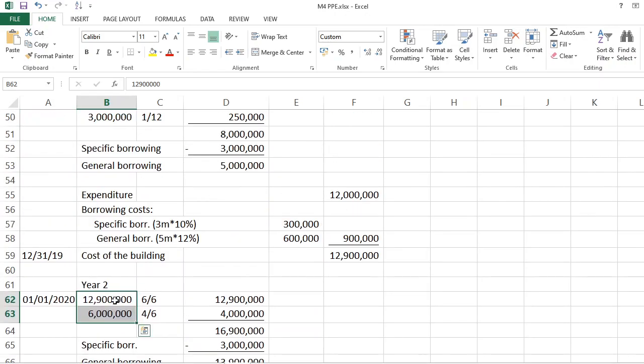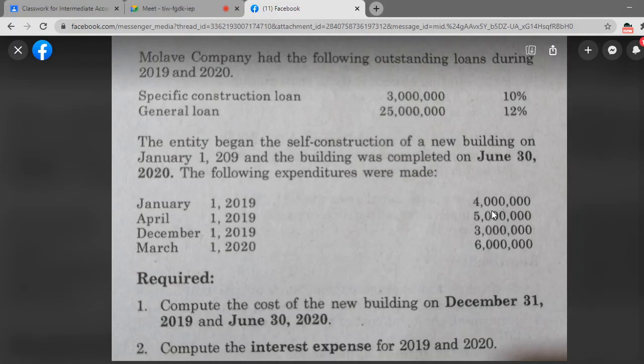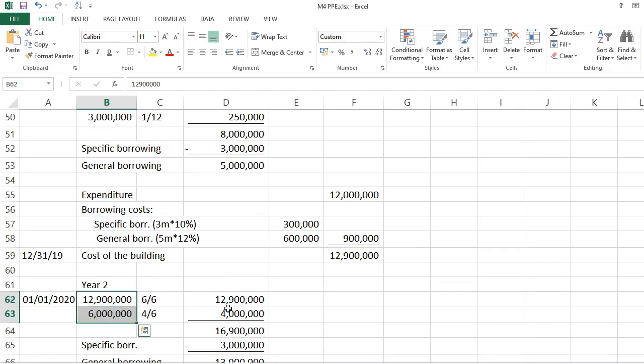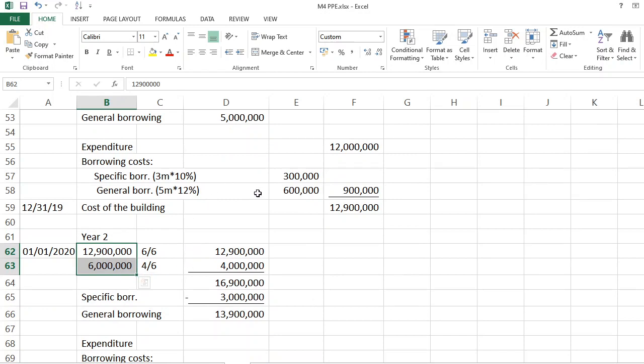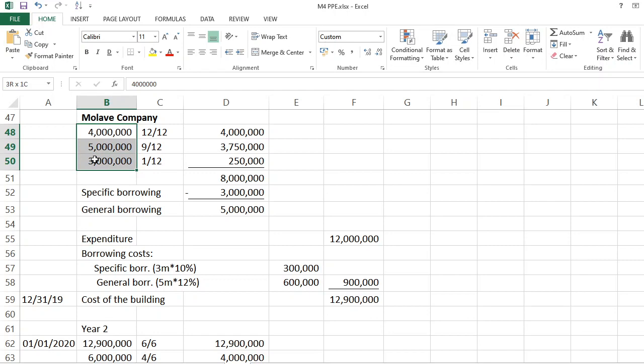Ma'am, nga nung 12.9 nga, kung ato i-compute, this is actually 4 plus 5 plus 3 plus 6. So, that is just 18 million. Pero why is it nga 18.9? Pareha lang gihapon sa usual. Di ba nga itong expenditure, diri man ta naga-base? Ayan, ato maning i-add. That's why we get 12 million.